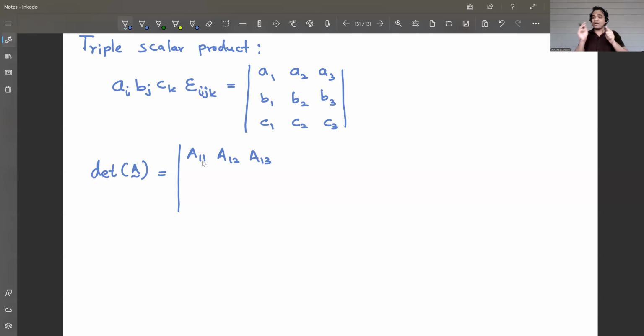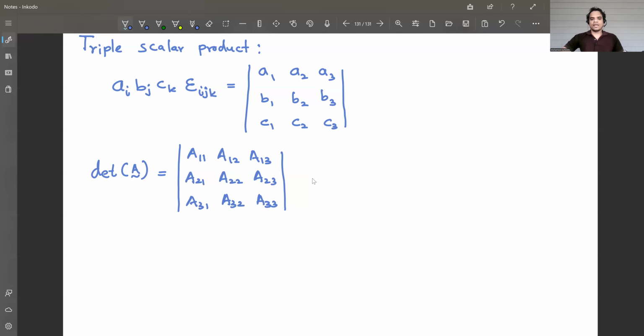Here we have A11, with two subscripts, so we have to be very careful. I'm going to use the previous finding to extend the index notation to this one. Similarly, A21, A22, A23, and A31, A32, A33.